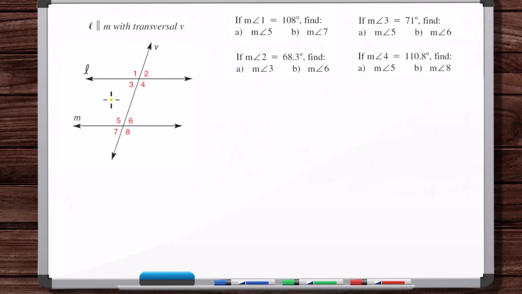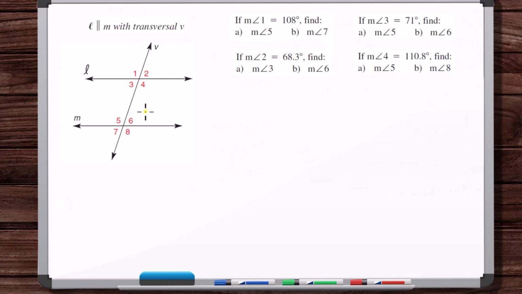If the two lines weren't parallel, then the only thing we could say based on our previous knowledge is that vertical angles are congruent, and we could see that like 1 and 3 are supplementary, 2 and 4 are supplementary, 1 and 2 are supplementary, etc. 1 plus 2 plus 3 plus 4 is 360. But other than that, there were no special relations between the angles.